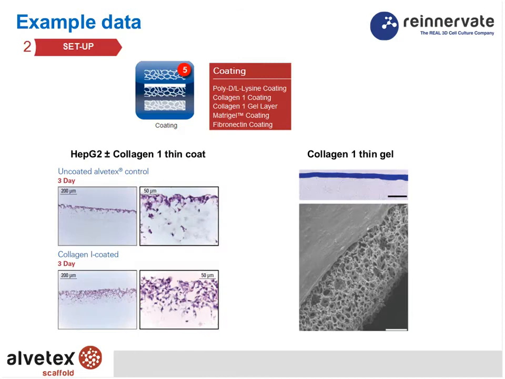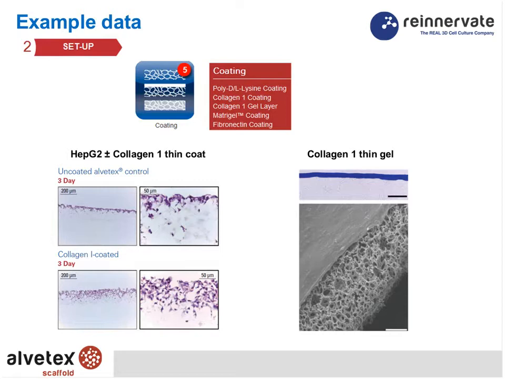And as I mentioned, there is also a collection of coating protocols within the setup section, and these are very useful, especially if you think that your cell type will require the presence of an ECM reagent before your cells are introduced. The 2 examples depicted are both based on collagen 1, but they're both very different.